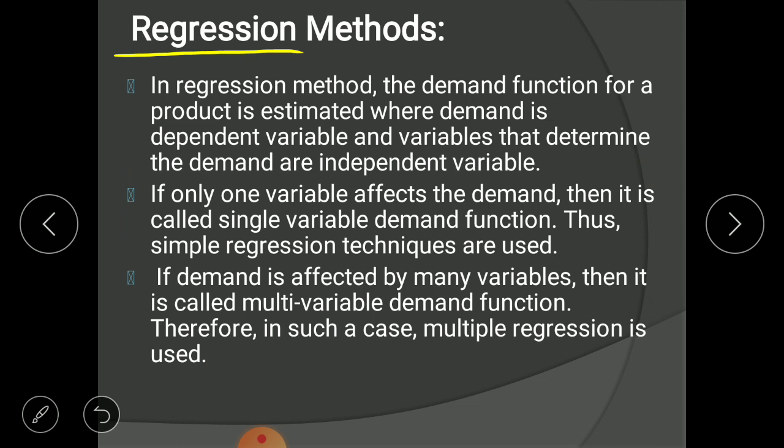But as we are talking about our subject, here you just need to write the theory or basic idea about regression. In the regression method, the demand function for a product is estimated, where demand is the dependent variable and variables that determine the demand are independent variables.